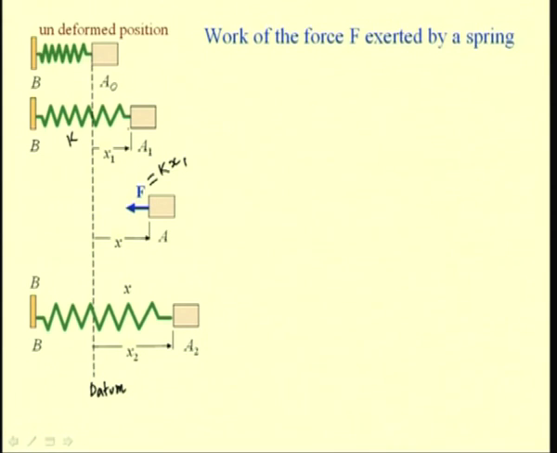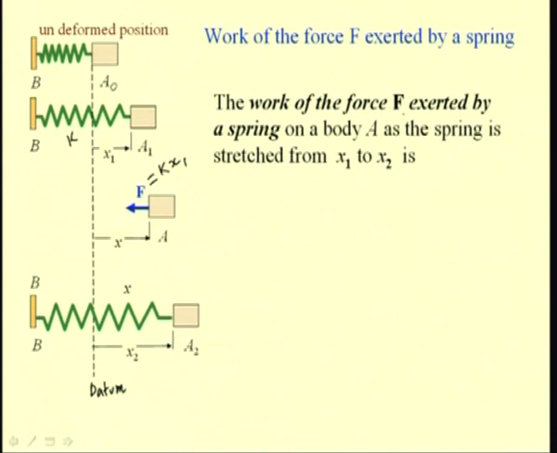Let us take two positions A1 and A2 whose coordinates are given by x1 and x2. For any intermediate position, the coordinate is x. Let us try to see what is the work done by this force F when the body is being displaced from position A1 to position A2.